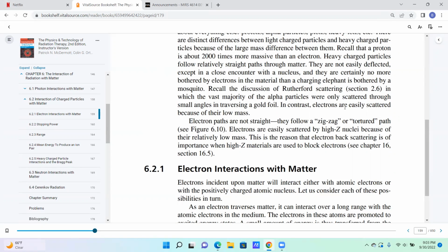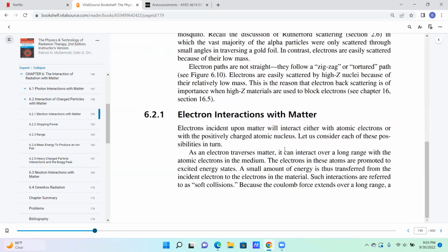In contrast, electrons are easily scattered because they have a smaller mass. Electrons are easily scattered by high Z nuclei because of their relatively low mass, and the fact that you have a high Z material means you have a high number of protons that it would be attracted to. That's the reason that electron backscattering is going to be important when high Z materials are used to block electrons. But we'll get to that.